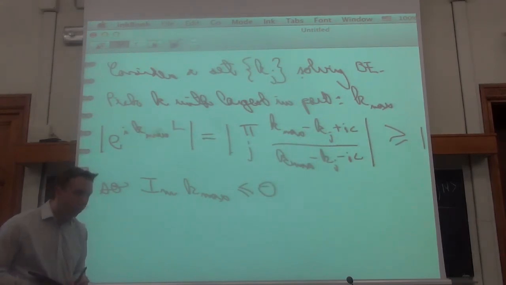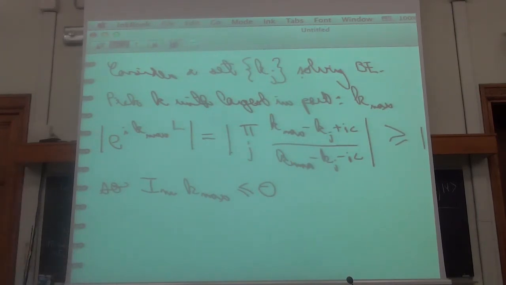Otherwise, this thing here cannot be larger than 1. Okay? But then you do it the other way. And the k min with the smallest imaginary part has to have an imaginary part which is greater than or equal to 0. So all k's are real. Okay? So conversely, the imaginary part of k min has to be greater than or equal to 0. Okay? So theorem proved. So in the repulsive case, all solutions are real.